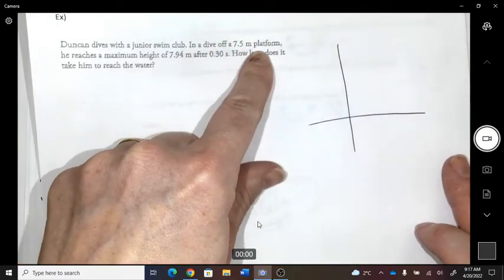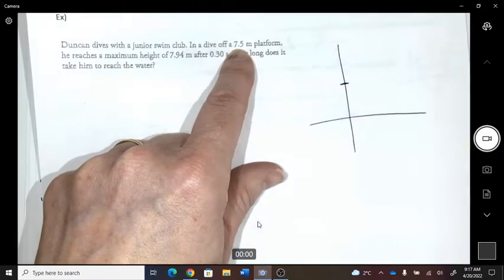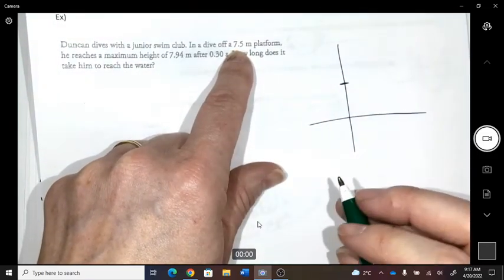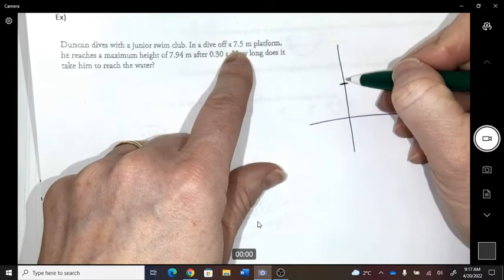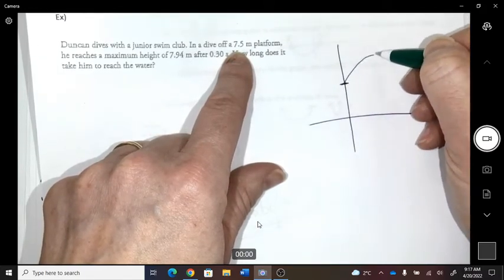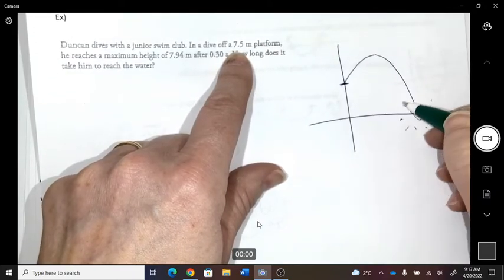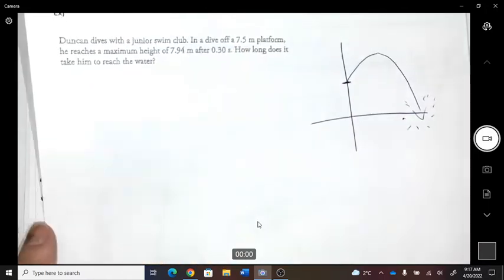The diving board is a 7.5 meter platform. So they're right there. What happens when you are on a diving board? You jump upward, right? And then you eventually fall, and then that's where you hit the water.